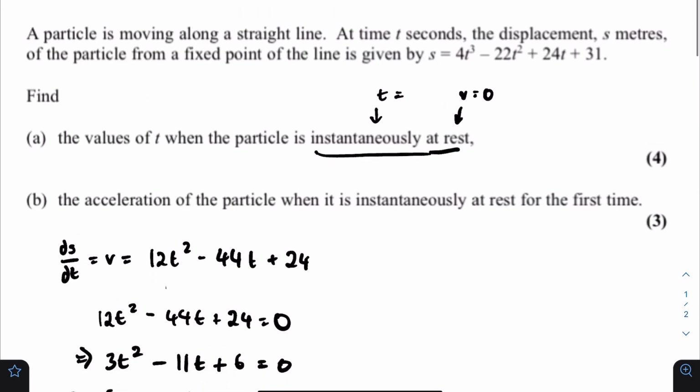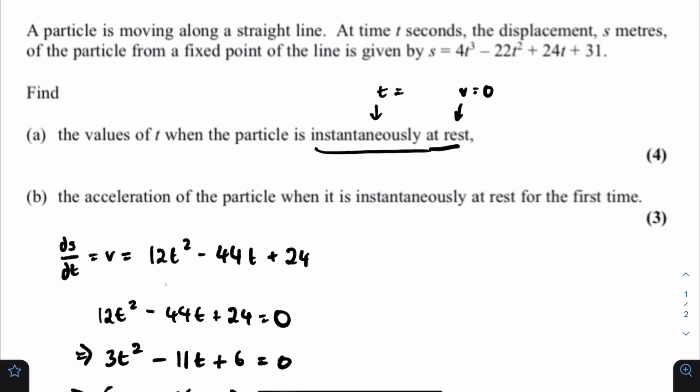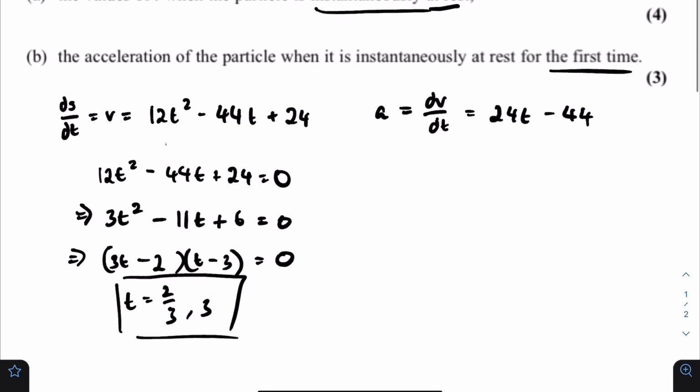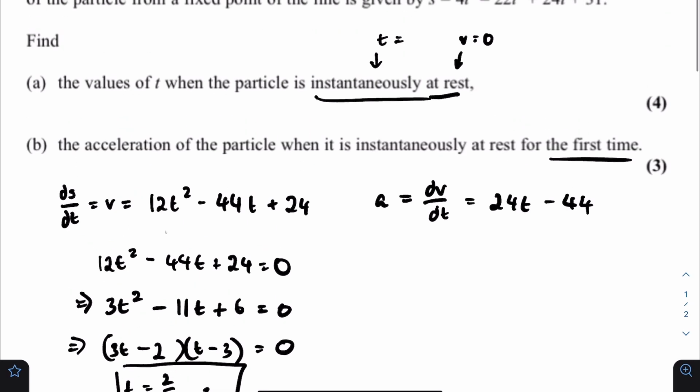Part B asks us to find the acceleration of the particle when it is instantaneously at rest for the first time. Acceleration we know is the derivative of velocity. So a equals dv over dt, which is 24t minus 44. The first time it's at rest, between 2 over 3 and 3, is 2 over 3, obviously because it's smaller.